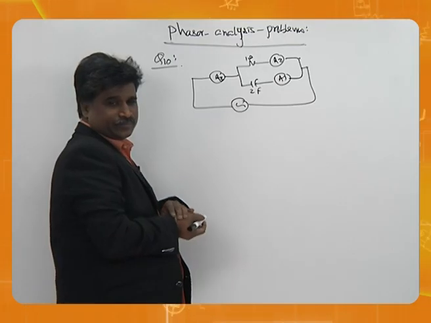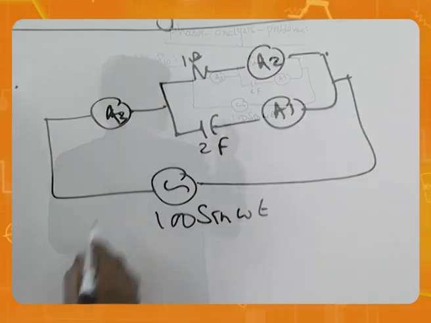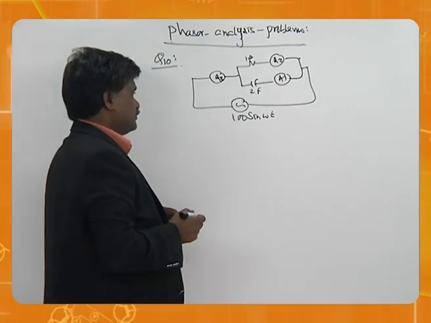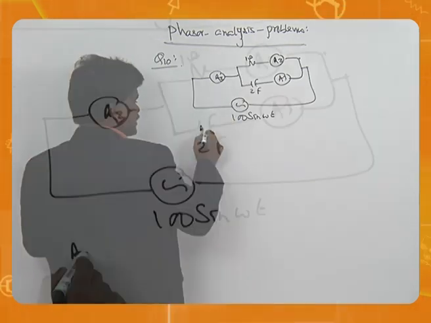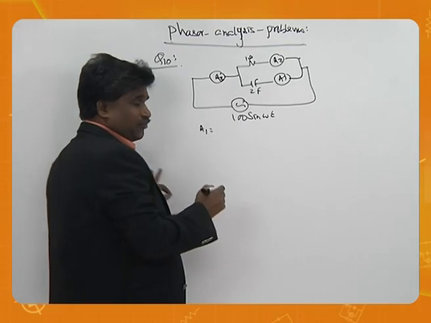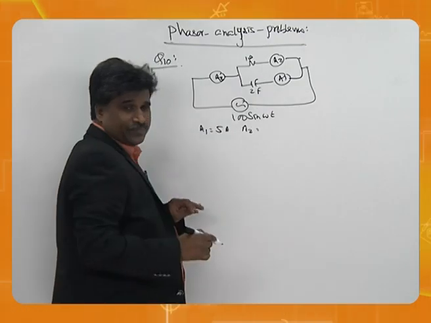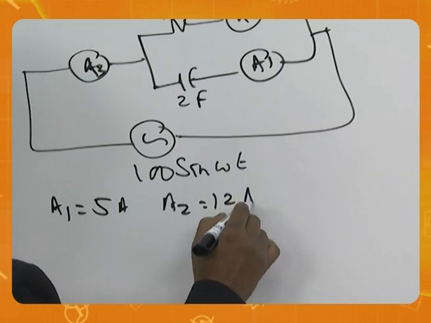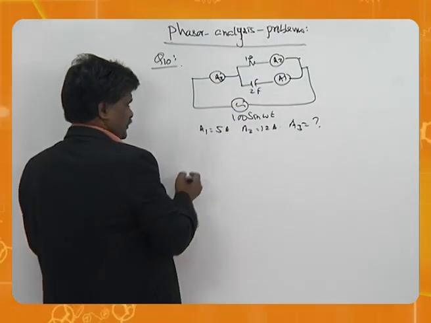And he has given the answer. A1 is 5, A2 is 12. He wanted this A3, how much?